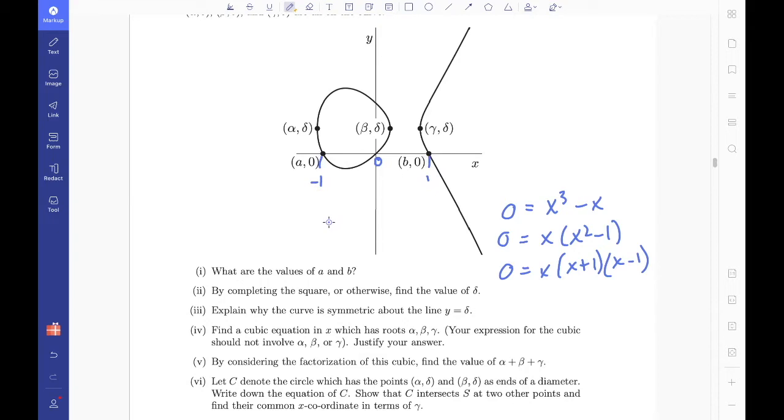Okay. So by completing the square or otherwise, find the value of delta. Okay, so delta is here, here, and here. It's a sort of unique y, and the special thing about delta is that it's on the end of these things here.